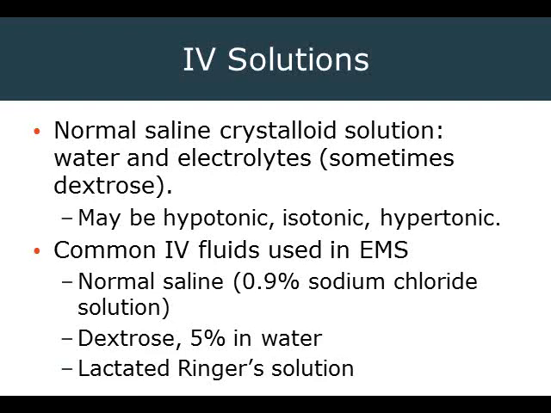So with an isotonic solution, we put isotonic solution into somebody's vein, the water stays wherever we put it. It doesn't pull water, it doesn't push water. With a hypotonic solution, D5W is our example of hypotonic. Both normal saline and lactated Ringer's by themselves are isotonic. So when we put those into the vascular space, they stay in the vascular space for some time. They don't stay there forever, but they stay there for some time.